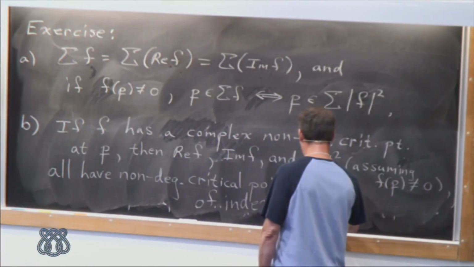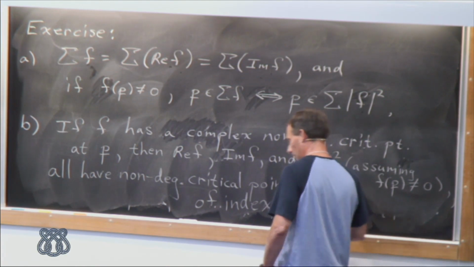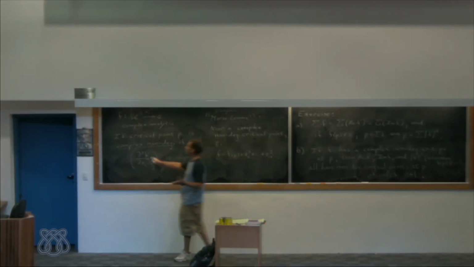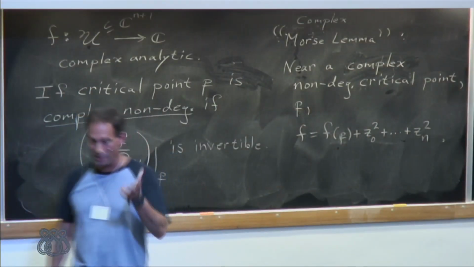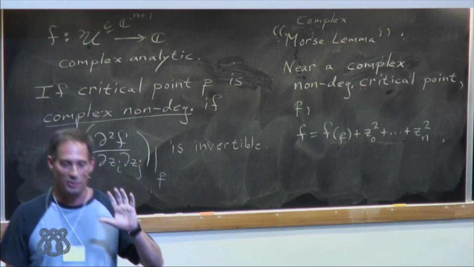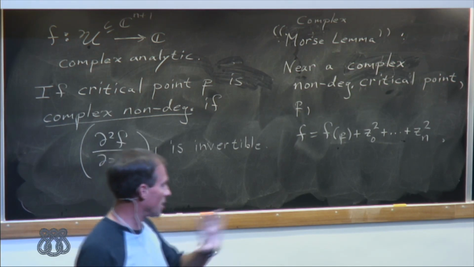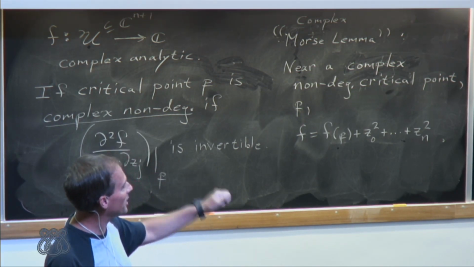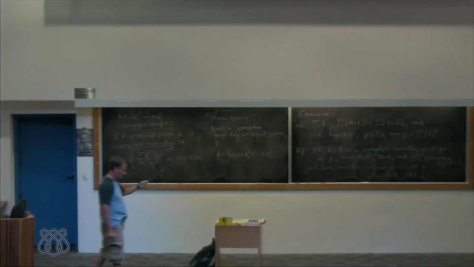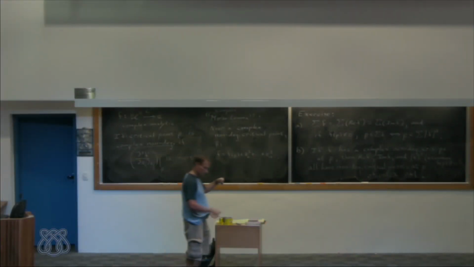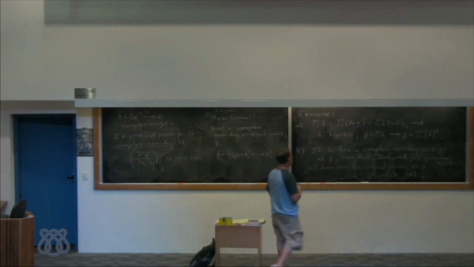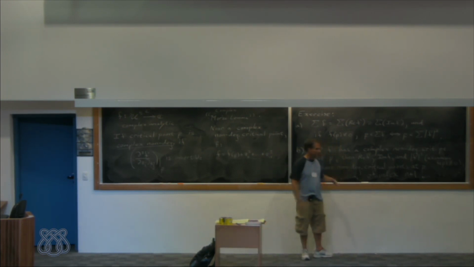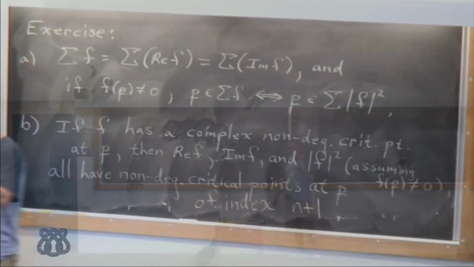Right? We are in a real 2n plus 2 dimensional manifold. If you had a complex non-degenerate critical point, but then you look at the real part, the imaginary part, or the norm of the function squared, as long as it is not 0 at the point, all of those functions have real non-degenerate critical points, and they're all of middle index.